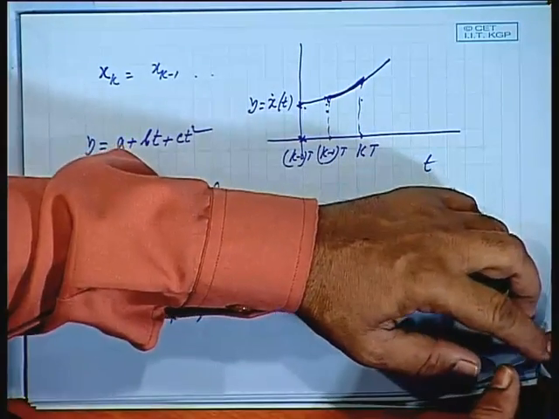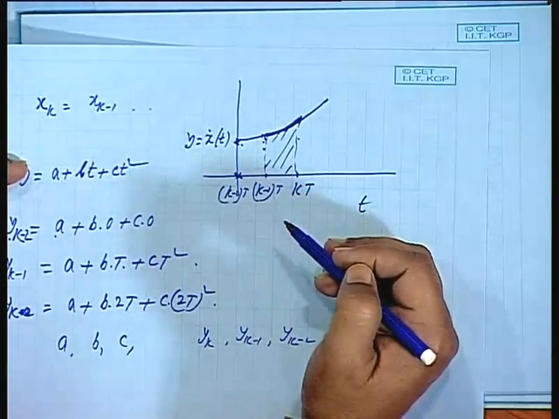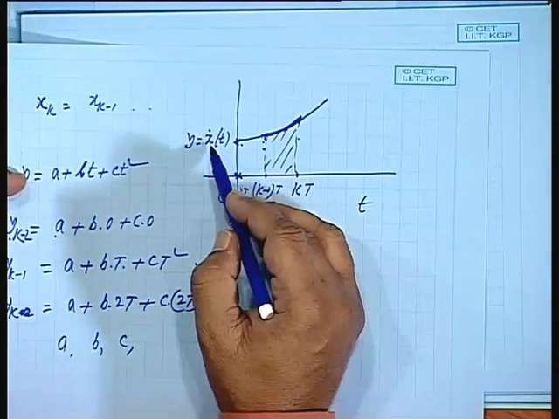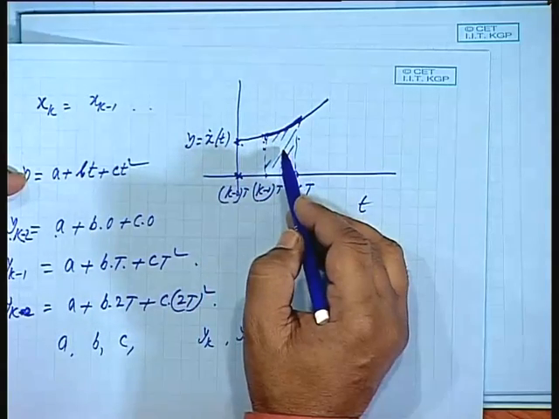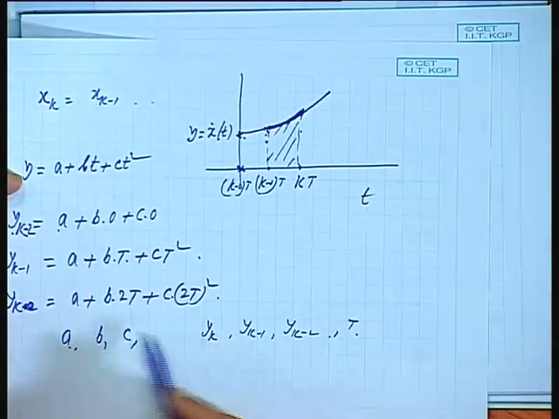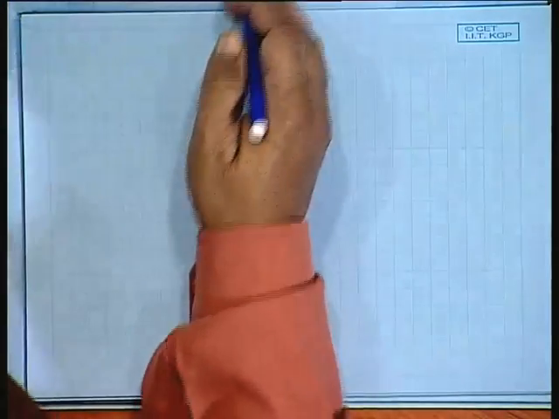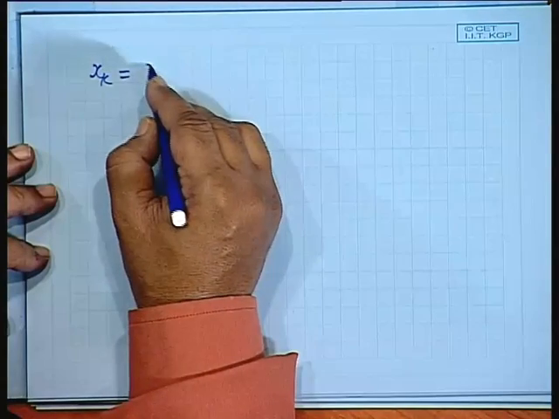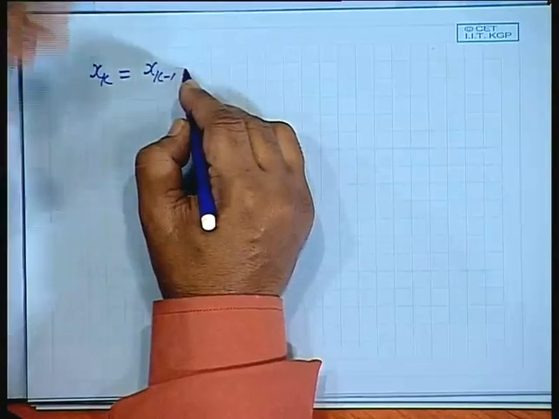Once you get these, make a substitution, then you find out this area. Once again, that is the integration of x dot t. X dot t I have already got in terms of a, b, c, and the a, b, c's are already known. So, for a second order you can verify for yourself. X k finally can be written in terms of, I will write only the final answer here, we are not going to get the detailed derivation of all these.